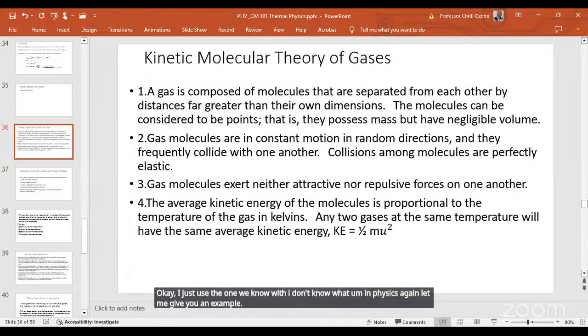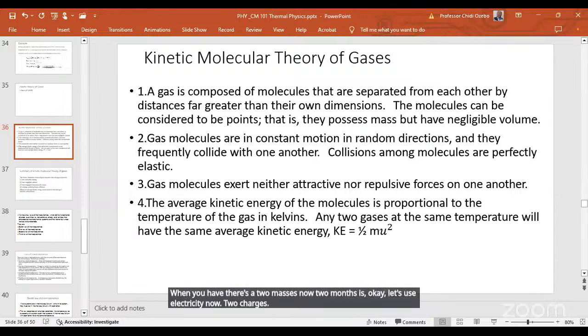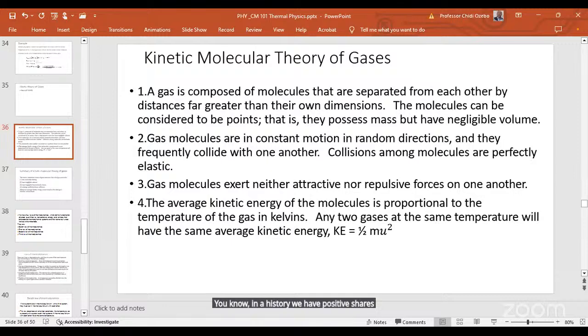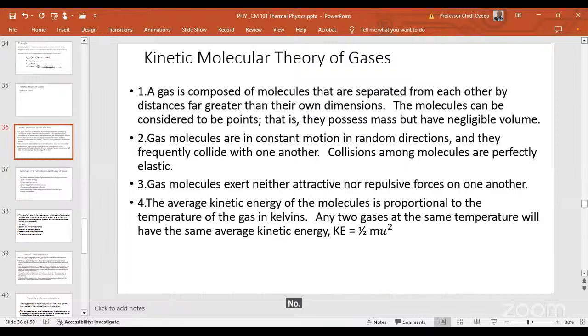When you have two charges in electricity, positive and negative, and you bring them together, they are separated by a distance. Those charges are called point charges if the dimensions of those charges are very small compared to the separating distance.